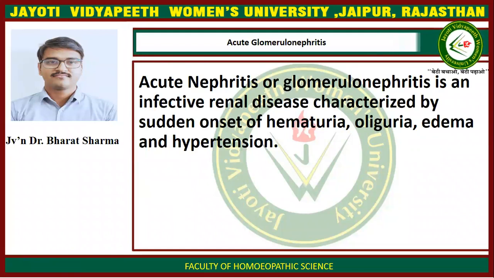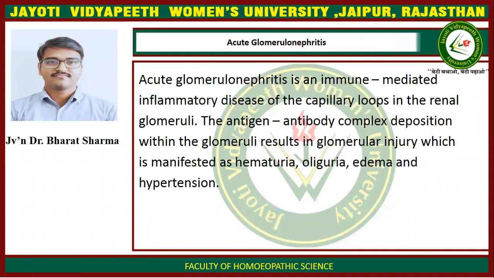Acute nephritis or glomerulonephritis is an infective renal disease characterized by sudden onset of hematuria, oliguria, edema, and hypertension. Acute glomerulonephritis is an immune-mediated inflammatory disease of the capillary loops in the renal glomeruli.